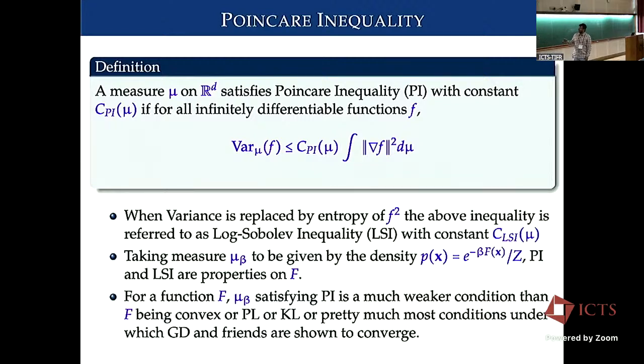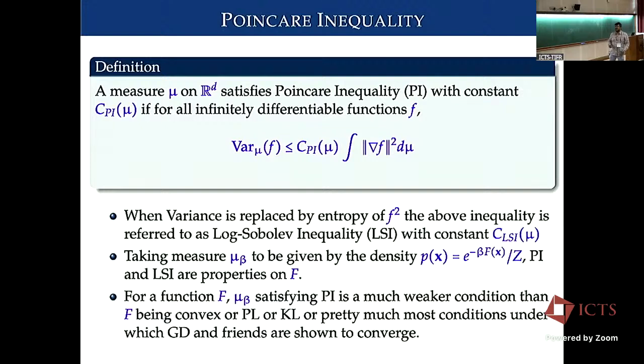One way of seeing this is that whenever F is convex, the corresponding distribution is always log concave, and it does satisfy Poincare. This is the more classical result. But the interesting part is that you can also get this for functions that satisfy KL and PL. A little bit more about it as we go.